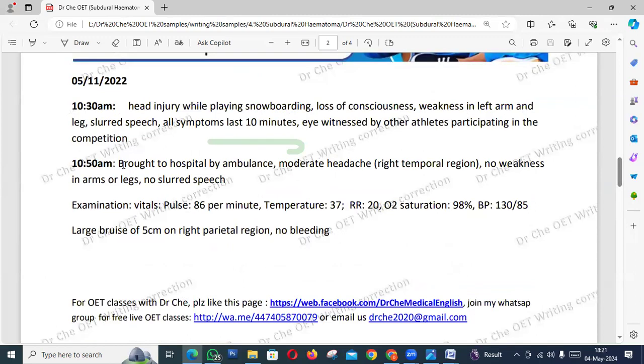She was brought to hospital by ambulance, moderate headache in the right temporal region. There was no weakness in arms or legs, no slurred speech. Examination vitals are normal, except blood pressure is 130/85. There is a large bruise of 5 centimeter on right parietal region. There is no bleeding.